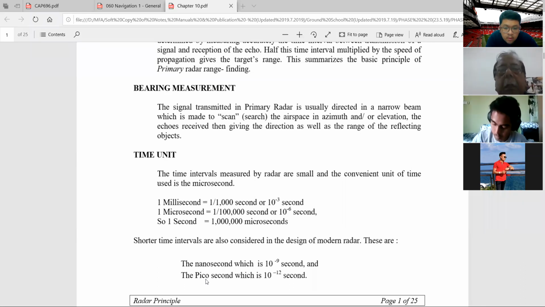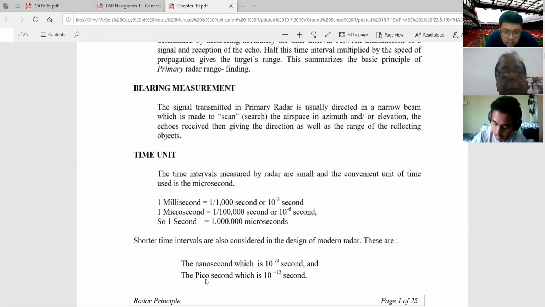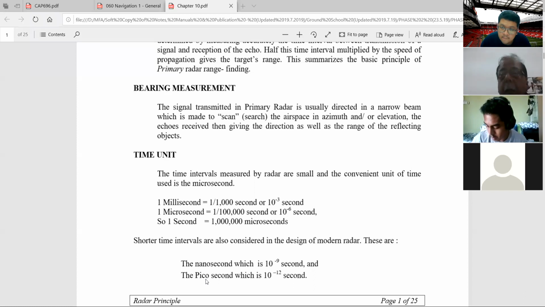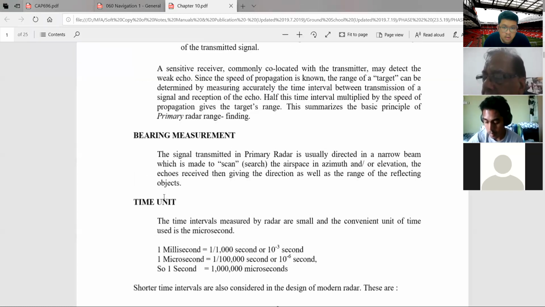In 1 second, how much distance will you cover, say, in terms of nautical miles? Faster, please. To calculate the range, it is a similar formula as we calculate the wavelength. You know the speed of electromagnetic waves? 3 into 10 to the power 8 meters per second.